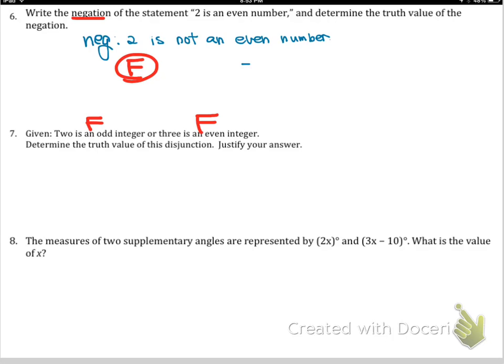Then determine the truth value of this disjunction. You see, when you see the word or, at least one of them has to be true in order for the entire statement to be true. But here, since both of them are false, our truth value would be false.